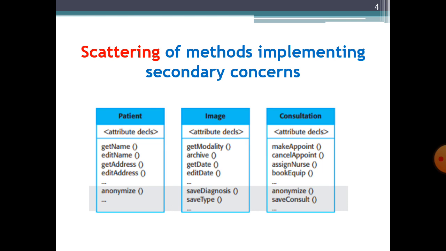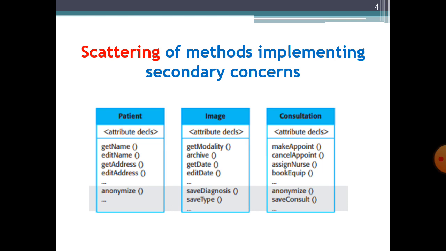The shaded area in green coloring shows the methods that are required to implement the secondary statistics concern. You can also see in this diagram that this statistics concern is scattered through the other core concerns.